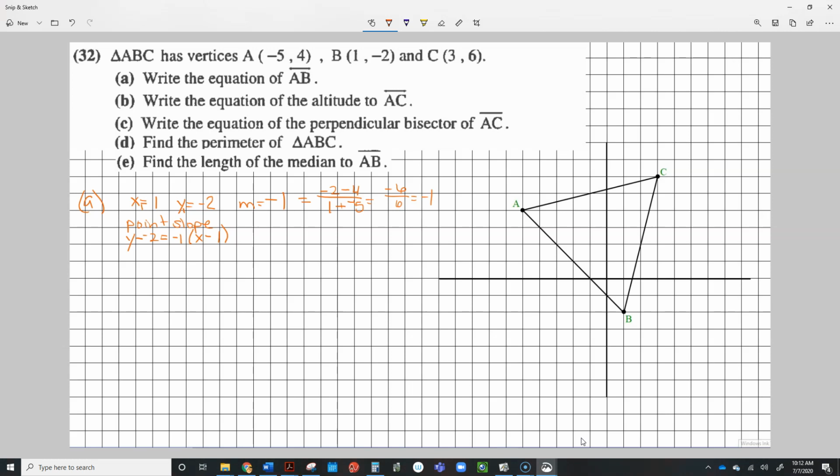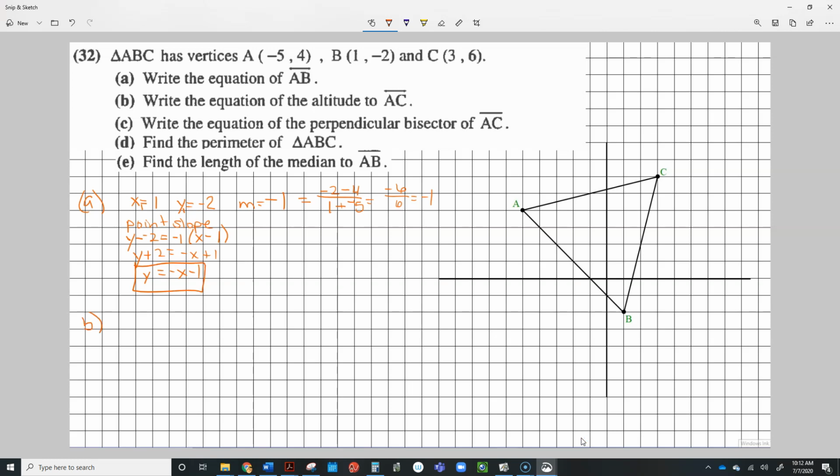And then I just simplify. So it's y plus 2 equals -x plus 1. So subtract 2 from both sides, and I get y equals -x minus 1. And you can check it, go down 1, then rise 1, run 1. So yeah, that's the correct answer to part A.